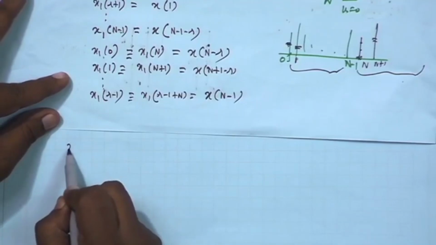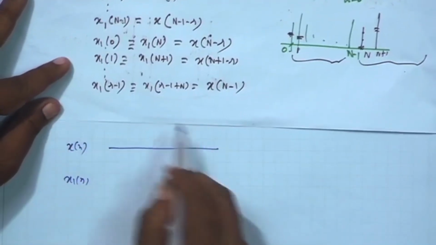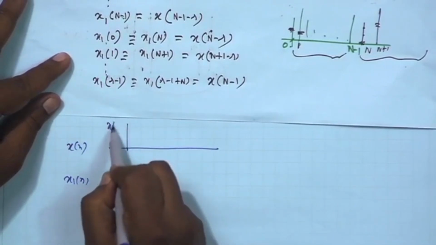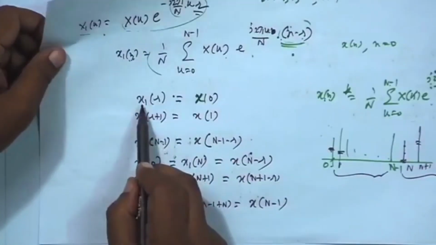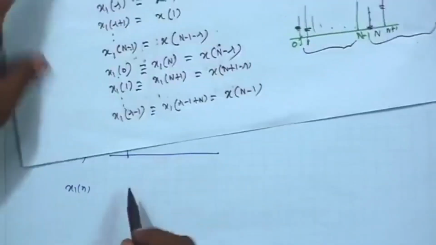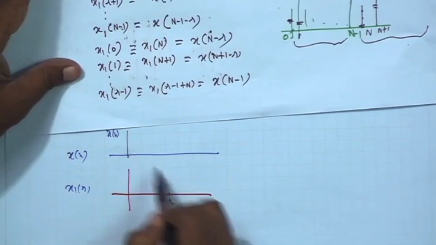This was the x n sequence, this is an x 1 n sequence. Here I had x 0, it will go to x 1 at the rth point. So, it will go to the rth point.